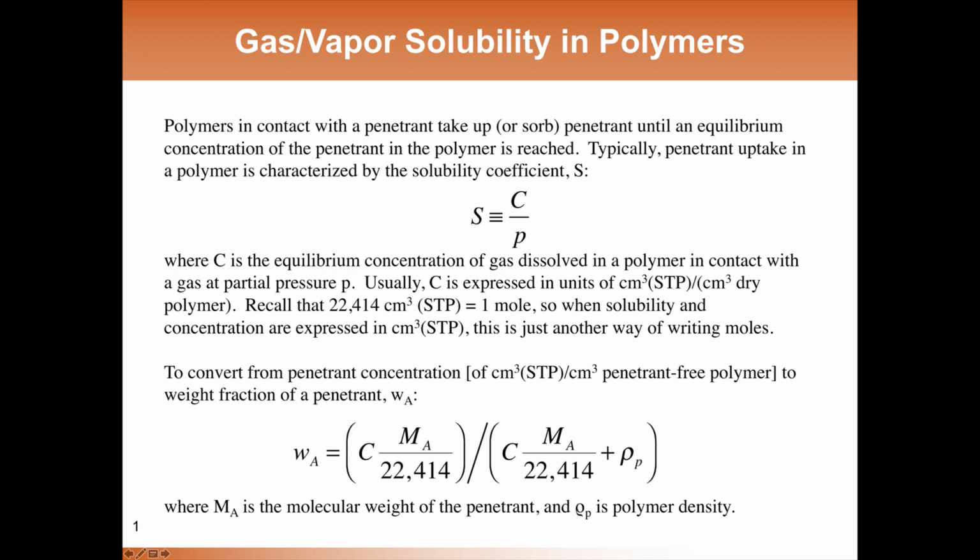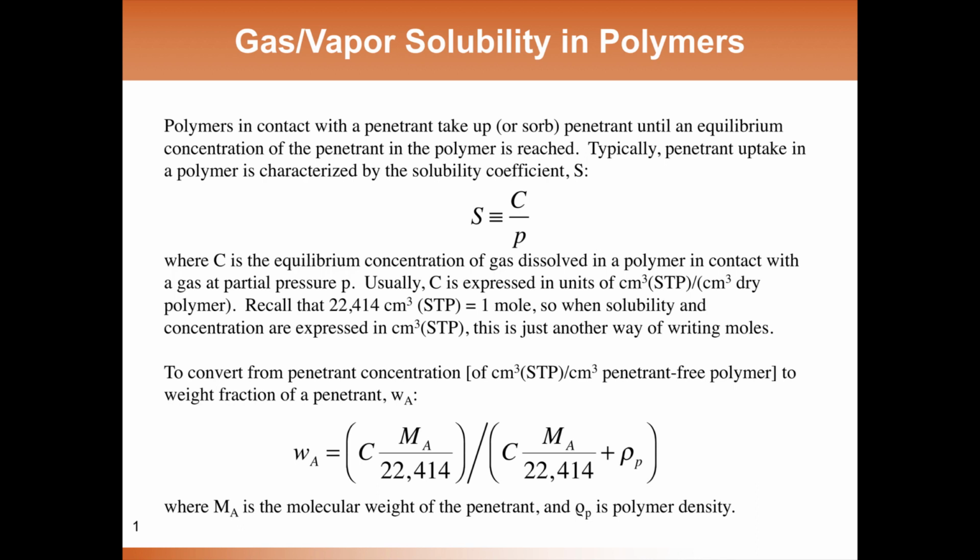And in fact, the concentration of gas in a gas phase can be obtained from, for example, the ideal gas law, and that concentration, which would be just the moles of gas per unit volume, would be P divided by RT.